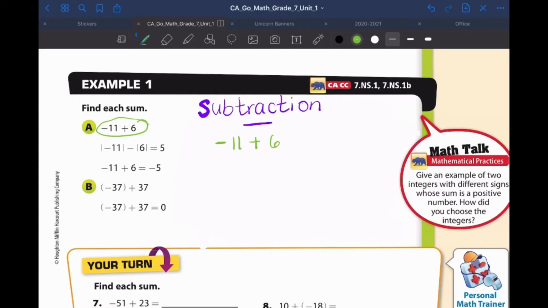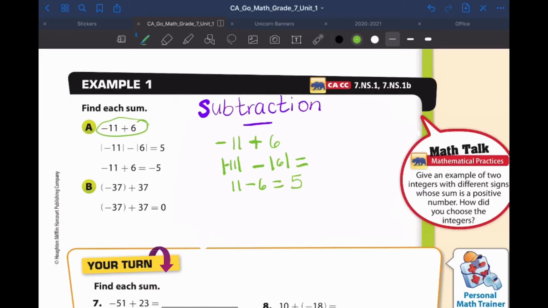The first thing is we are going to use subtraction. So we are going to change this sign for a subtraction sign. Then we are going to find the absolute value of both numbers, right? And we are going to find the difference that way. So the absolute value of 11 is 11 minus 6. That gives me 5.